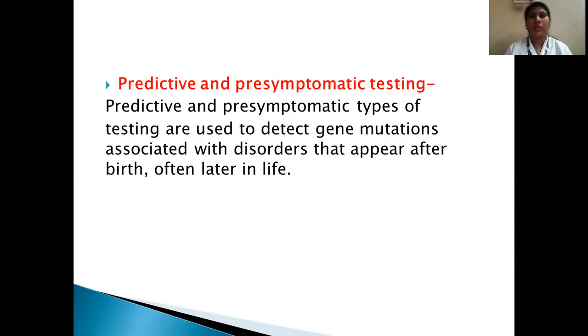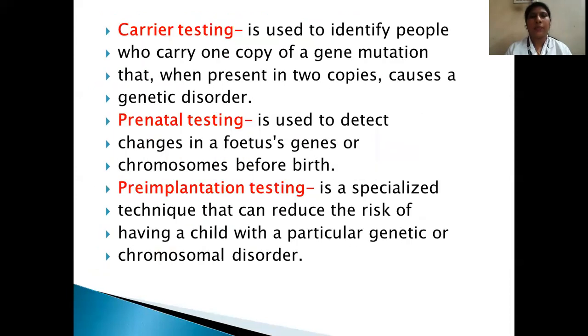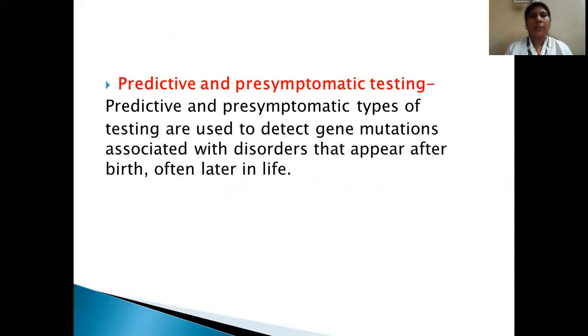These are the types of genetic testing: newborn screening, diagnostic testing, carrier testing, prenatal testing, pre-implantation testing, and lastly predictive and pre-symptomatic testing.